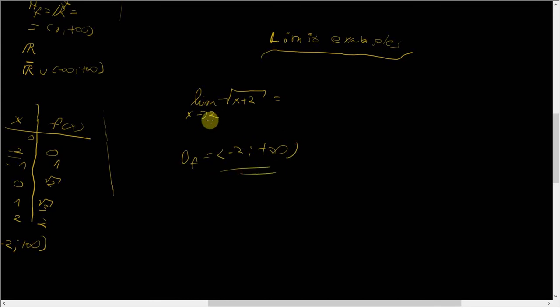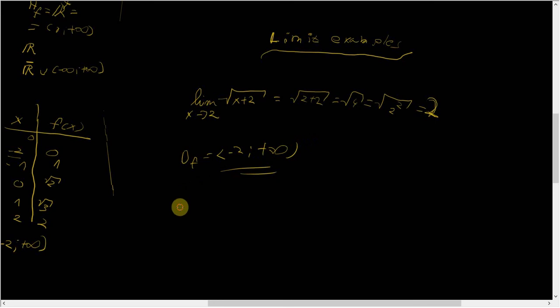Therefore, it is definitely continuous at the point 2. So we can evaluate our limits. All we need to do is plug in our value, 2, and the square root of 2 plus 2 is basically the square root of 4, which is 2. So our limit at this point is 2.